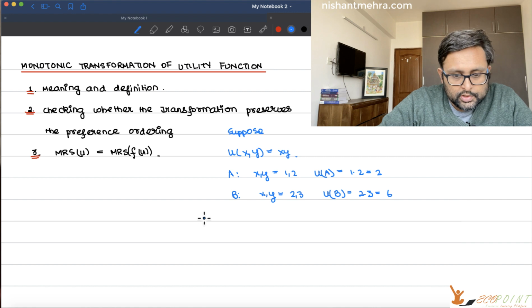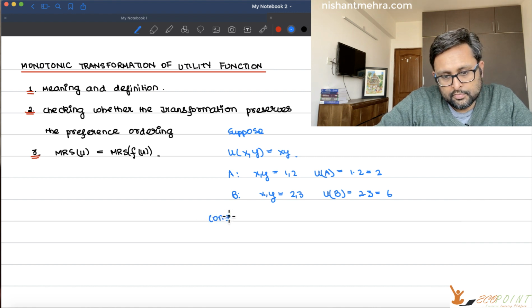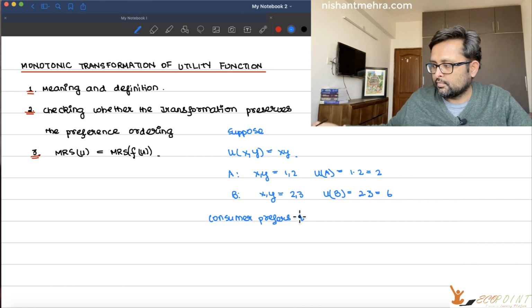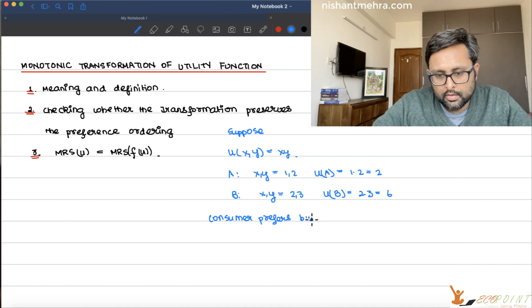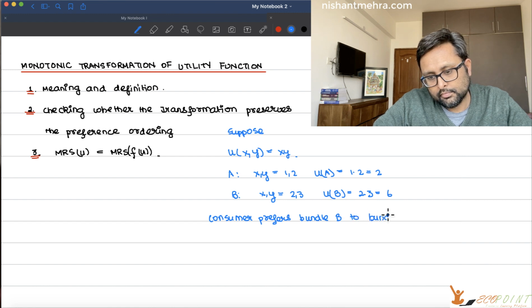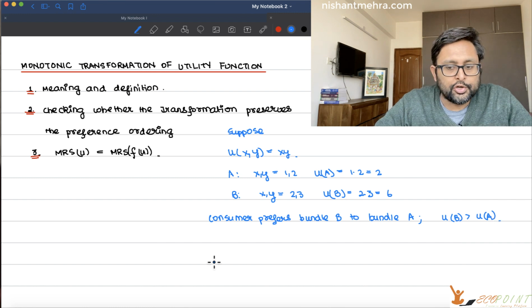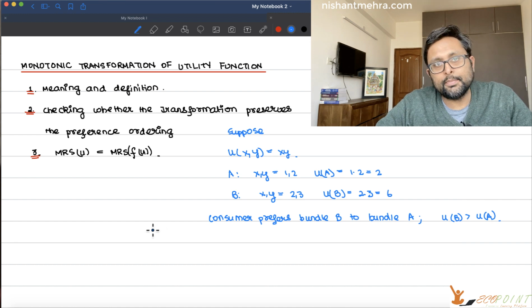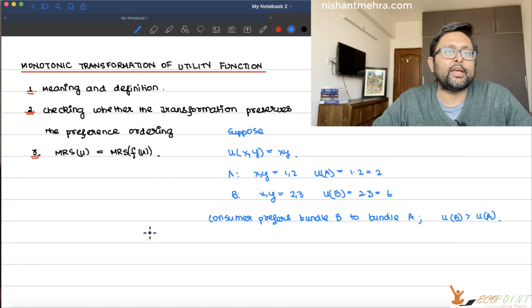Let me write that. So consumer prefers bundle B to bundle A as the utility which you derive from bundle B is more than utility which you derive from bundle A. Now suppose what you do. Now you multiply this utility function with 5, let's say.